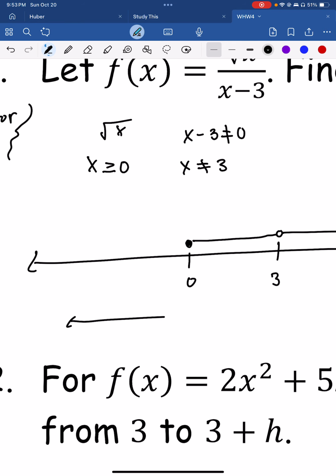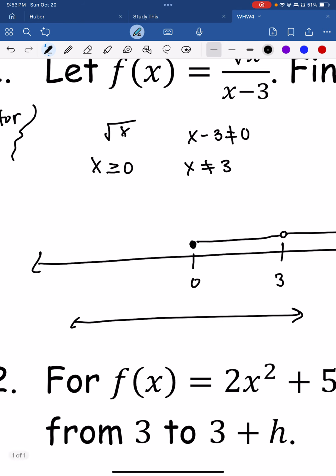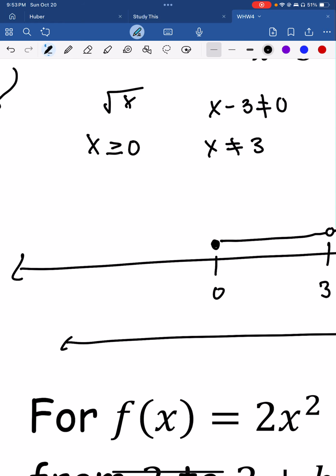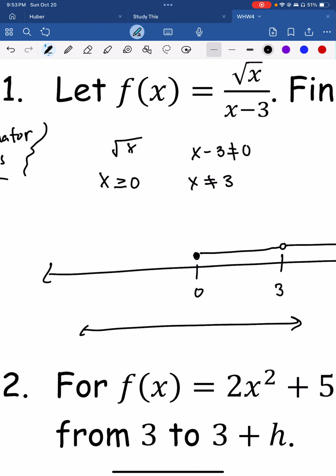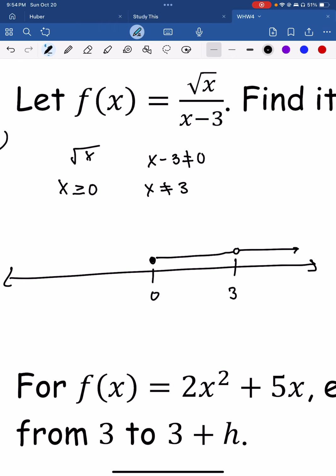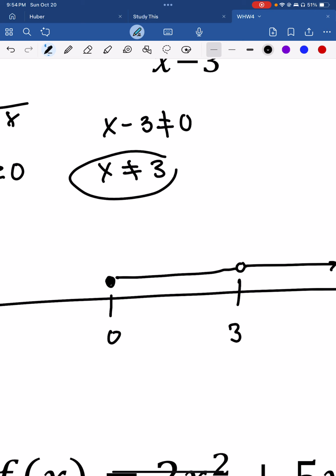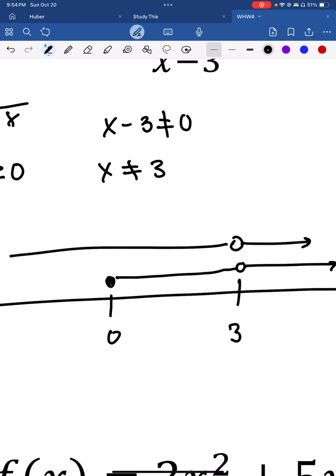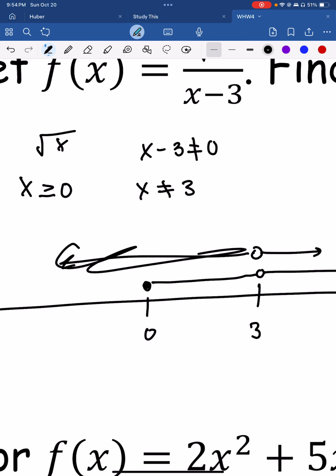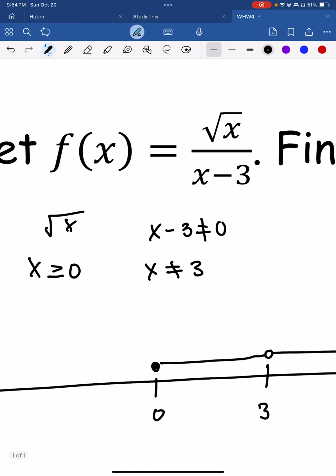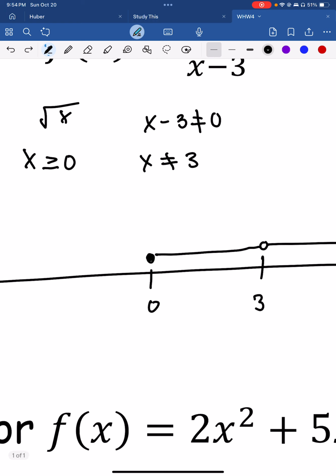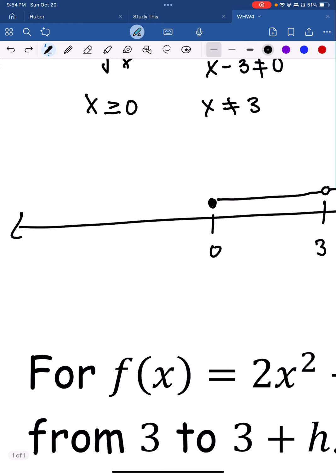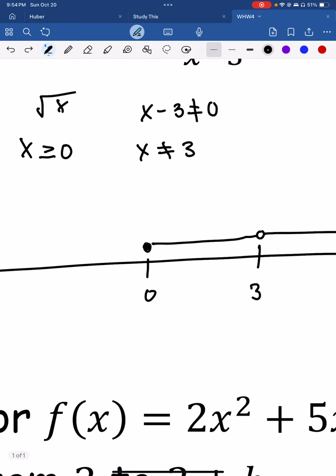For this domain, technically x can be anything except for 3. But because we are adding these two different domains together, if one does not work, it cannot be in the domain.